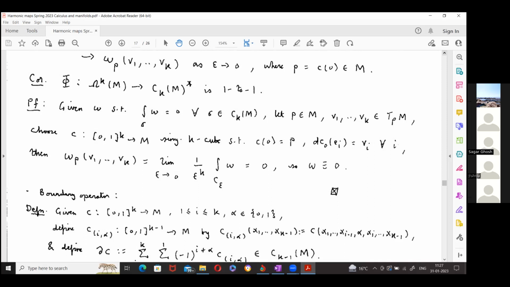At each point, it is just some alternating multilinear function on the tangent space. Fine. This is just the value of omega at P applied to k tangent vectors V1 to Vk, right? That's all. Nothing more.